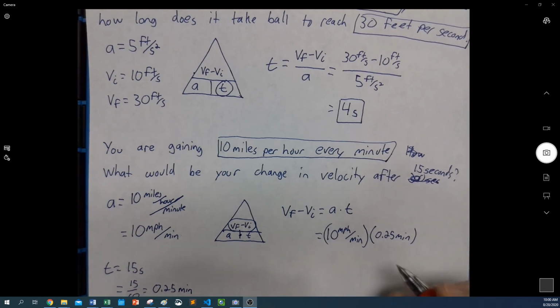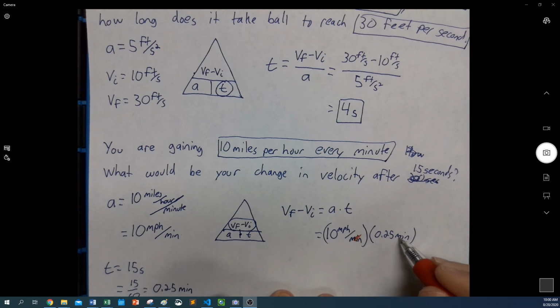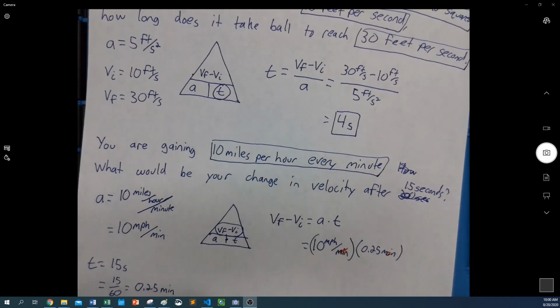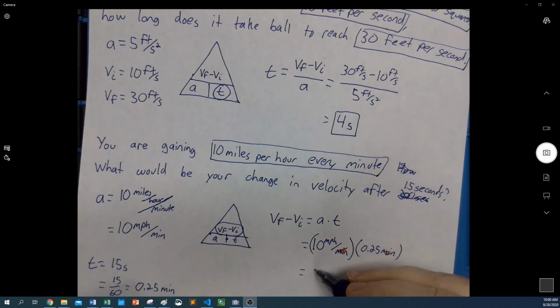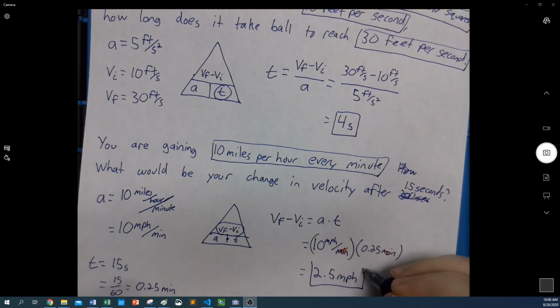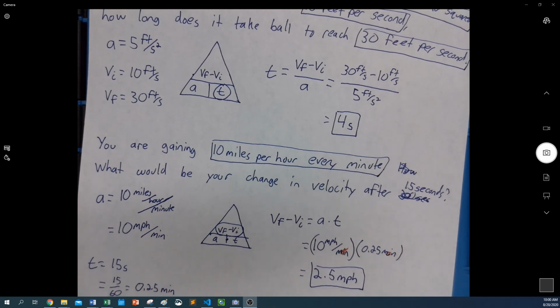Minutes will cancel each other out, leaving us just with miles per hour. So 2.5 miles per hour. Your speed changed by 2.5 miles per hour.